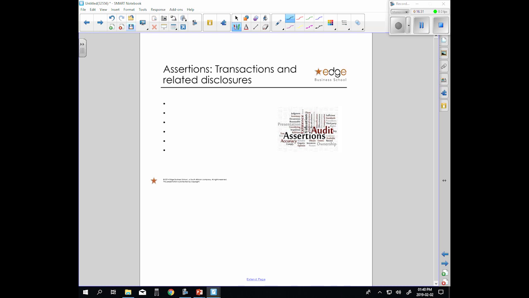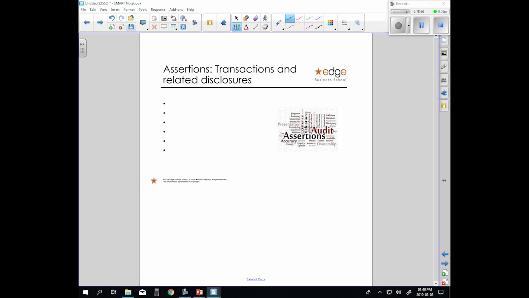Management will make an assertion that all revenue is complete, that all accounting records are accurate. Now the auditor needs to determine and test those assertions.